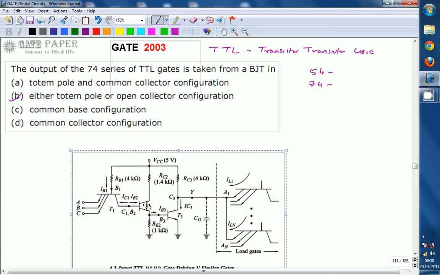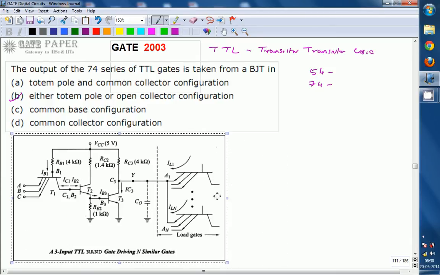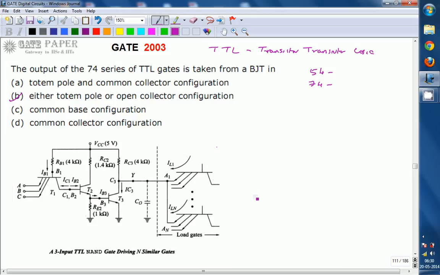This is a simple 3 input TTL logic gate, and the basic gate implemented in TTL is the NAND gate. So this is a 3 input TTL NAND gate driving similar TTL gates.